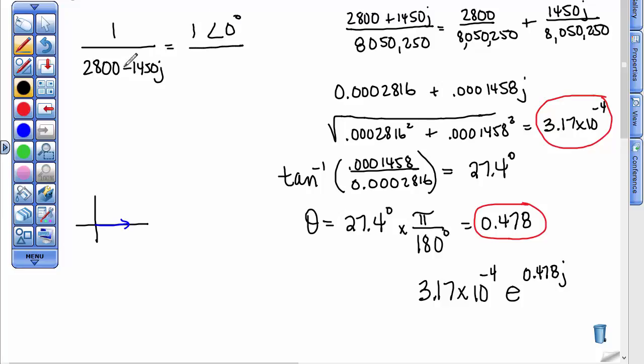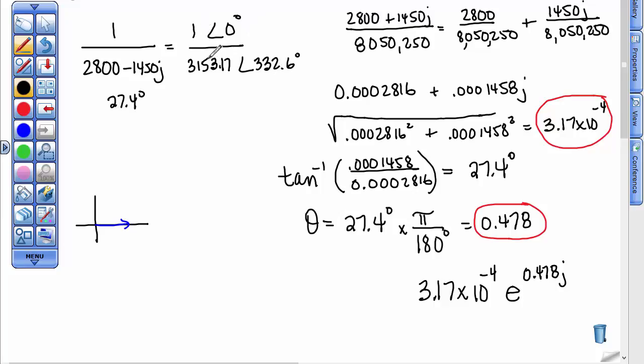And then this vector, by the Pythagorean theorem, the hypotenuse was 3153.17, and inverse tangent of this 1450 over 2800 was 27.4 degrees, but because this was positive and this was negative, it's in the third quadrant. So in the third quadrant, I think that's 360 minus the 27, which was 332.6 degrees.